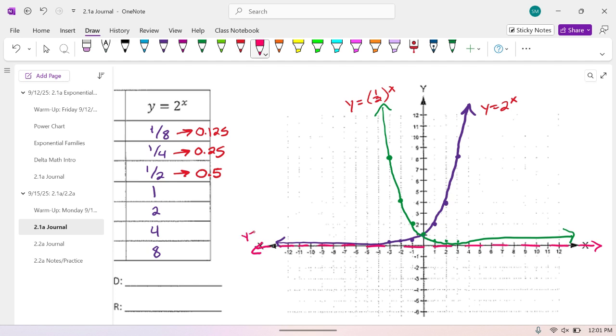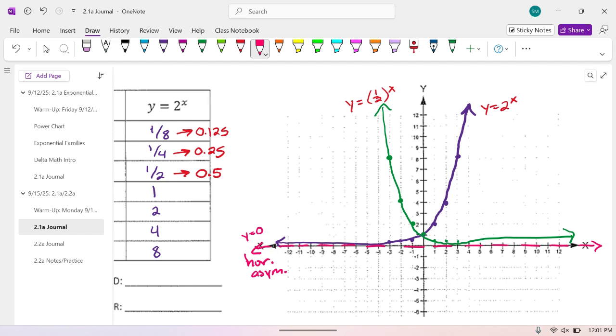So this is our horizontal asymptote at y equals 0. And again, we could tell that just from looking at the Desmos graph. It looks like it's sitting on top of the x-axis, but it's actually not.